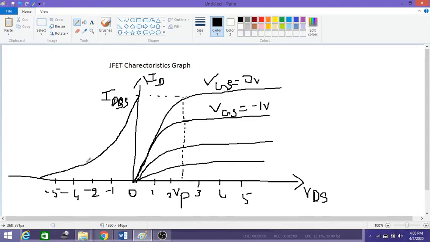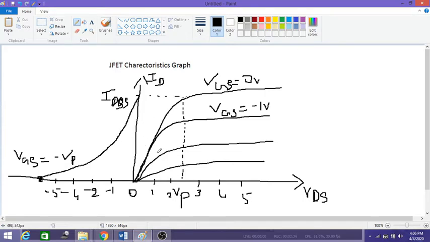So this point is where VGS is equal to minus VP. That is the point at which the drain current will become 0.